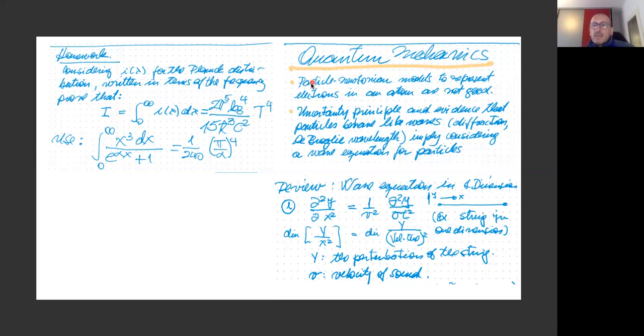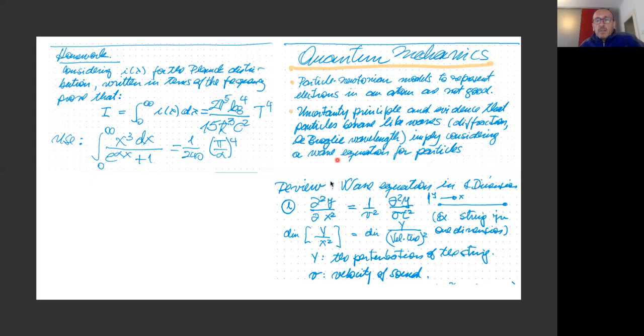They should diffract. They have a wavelength associated with them, and whatever equation of motion we have for this system is probably not going to be like Newton's law, but more like a wave equation. So the mechanics for particles in a small dimension should be described by a wave equation, and that's why I would like to review a bit the wave equation in one dimension.